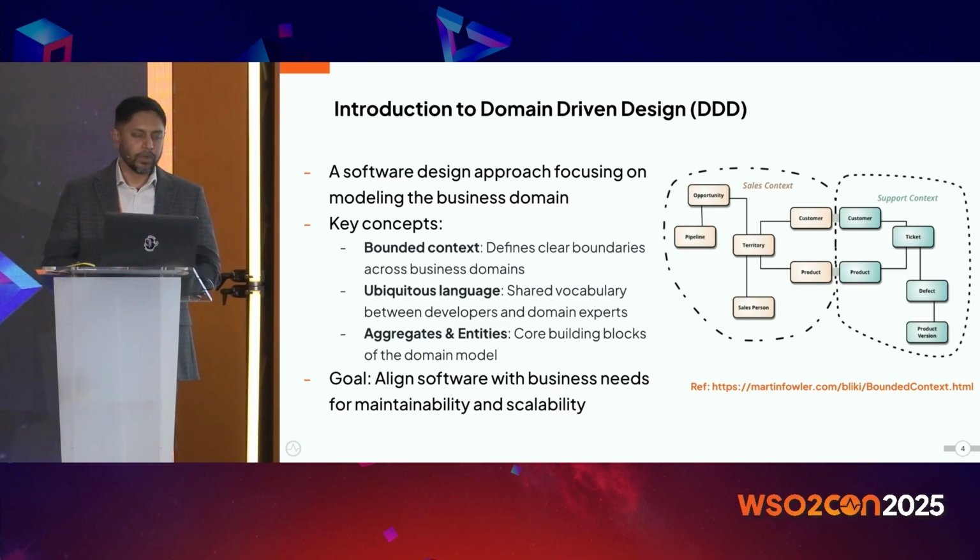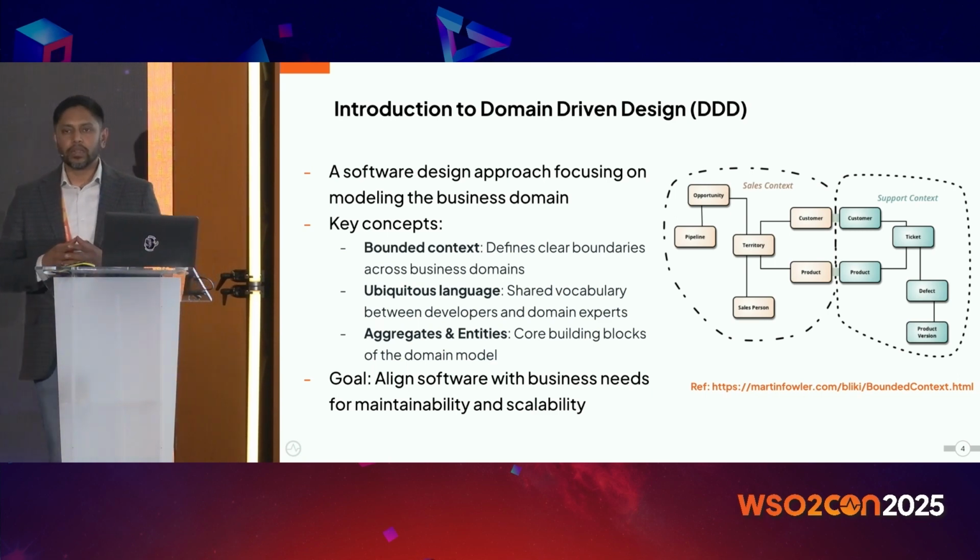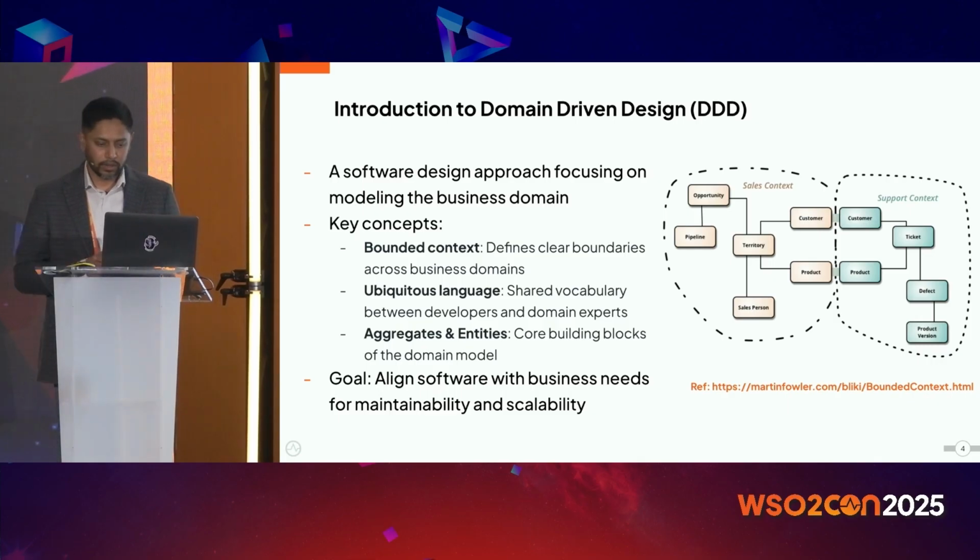For example, if you get a customer entity from a sales context, we might want to attach different data sources, different behaviors for that. And it can mean different things from a support domain point of view. Domain-driven design helps us to separate these multiple concerns in a clean manner.